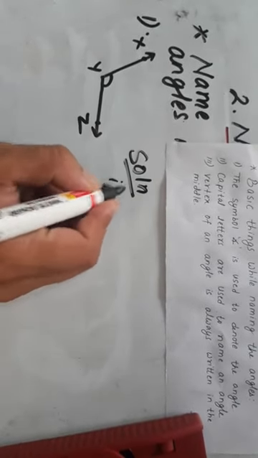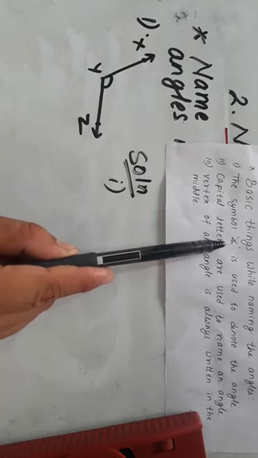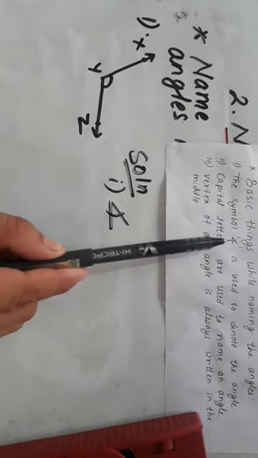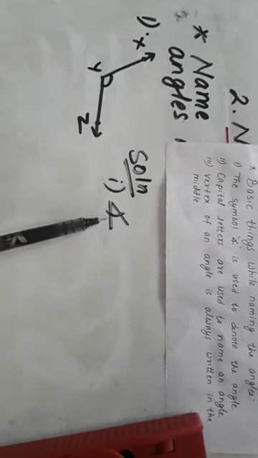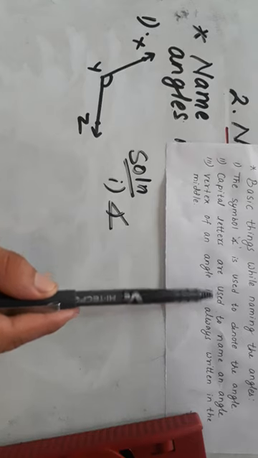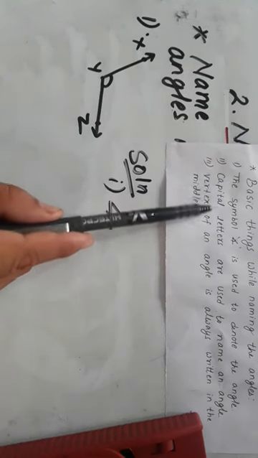While naming the angle, the very first thing you need to consider is you should keep the symbol of angle. The symbol of angle is this. Now come to point number 2. Capital letters are used to name an angle.